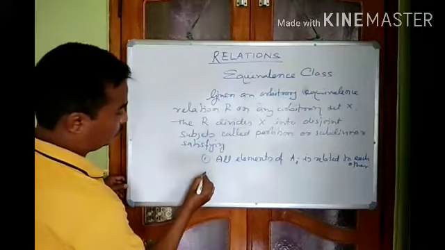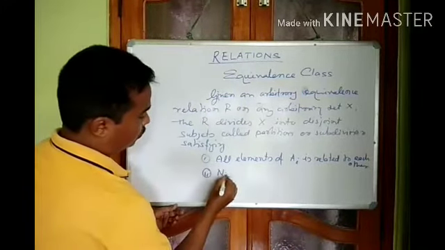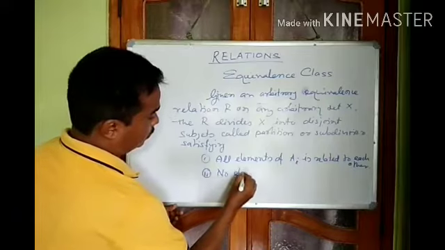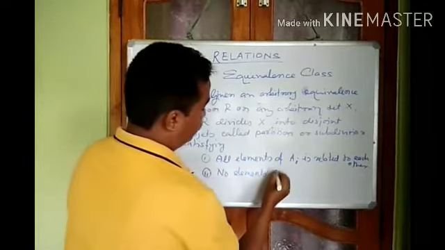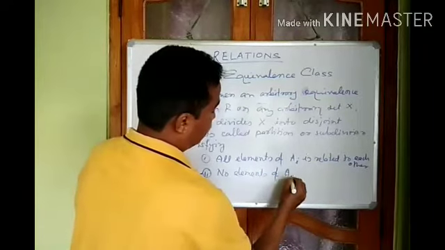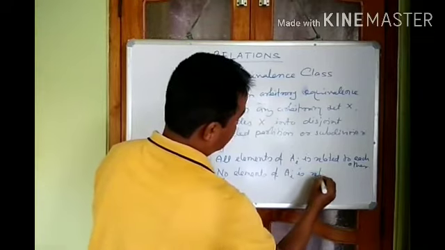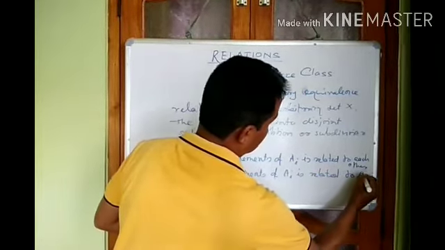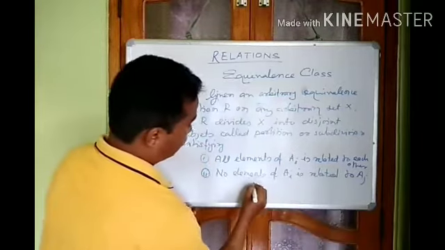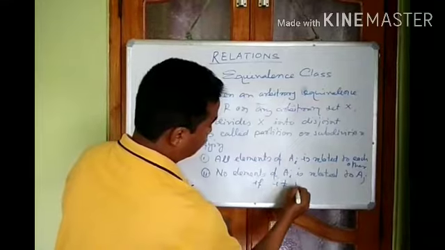Number 2, no element of Ai is related to Aj if i is not equal to j.